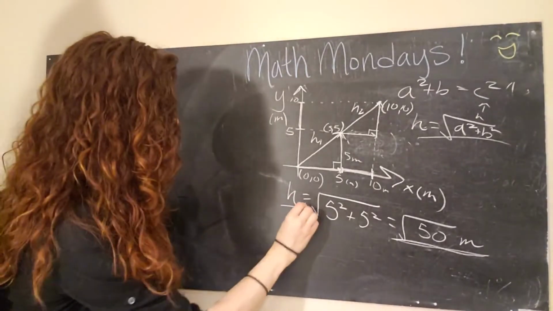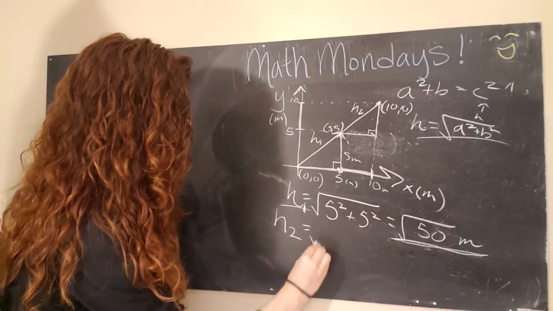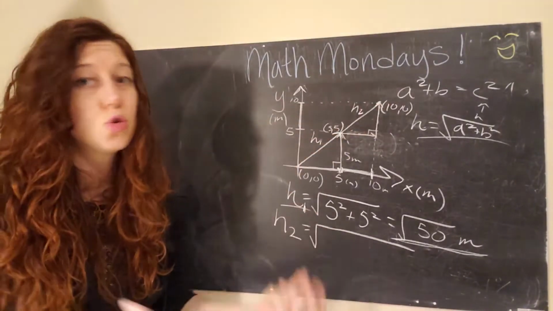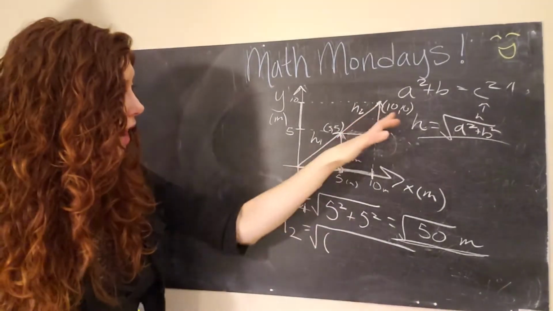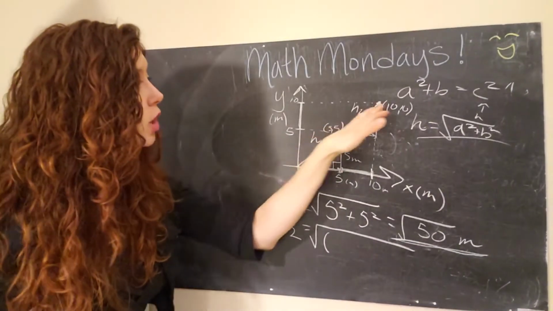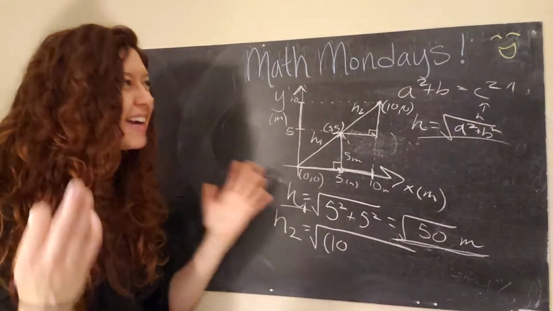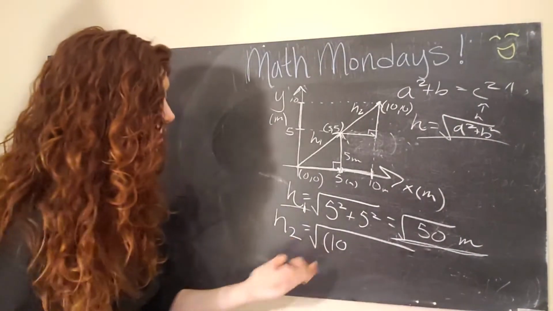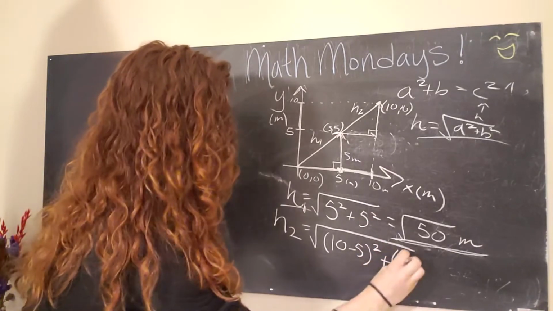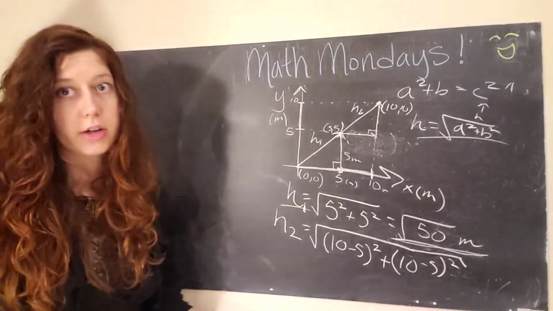So let's generalize that and say, okay, well, if I want to find the hypotenuse of this new triangle, I need to subtract the starting point from my ending point for each of the directions. And so what that is going to look like in one formula is 10 minus 5 squared for the x direction plus 10 minus 5 squared in the y direction.